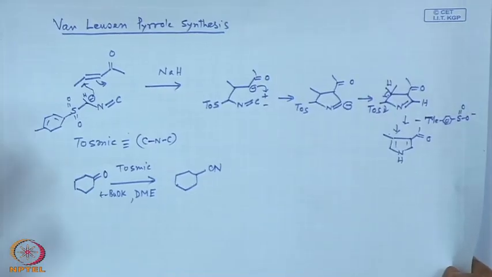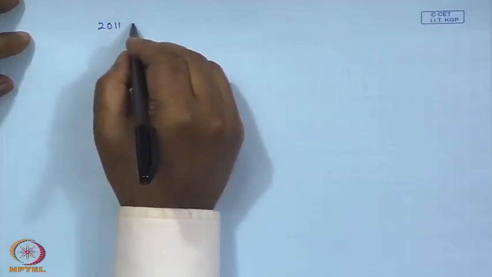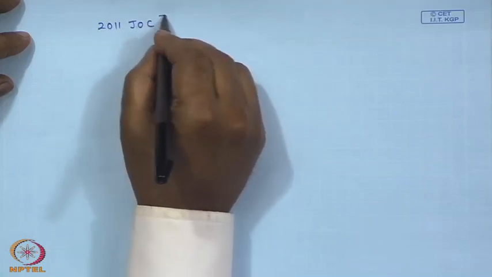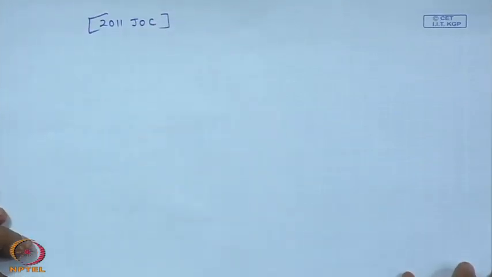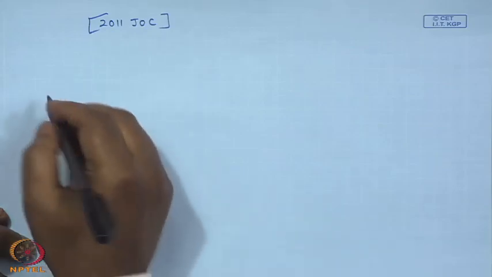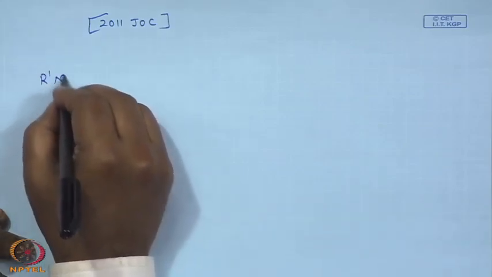So both the reactions are very similar. Now let us look at one more reaction, what I said, this was done by Jana, and what he has done is pretty interesting.